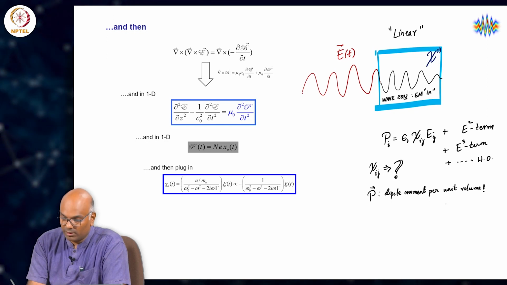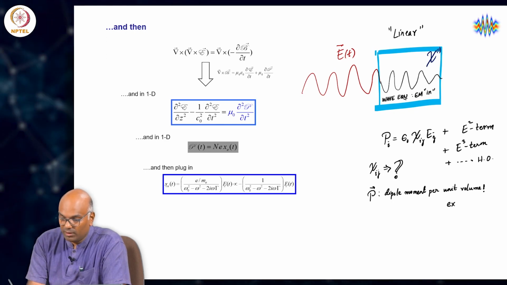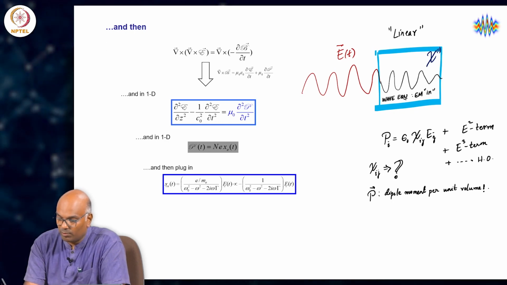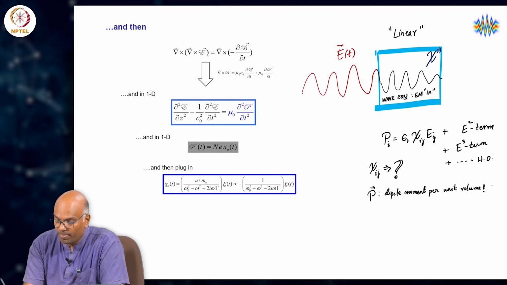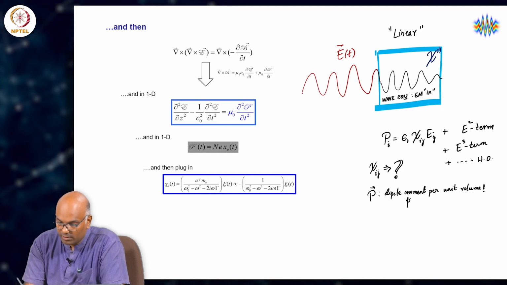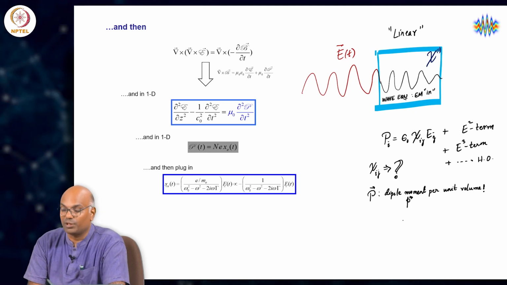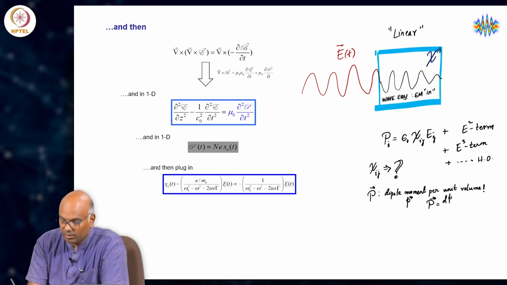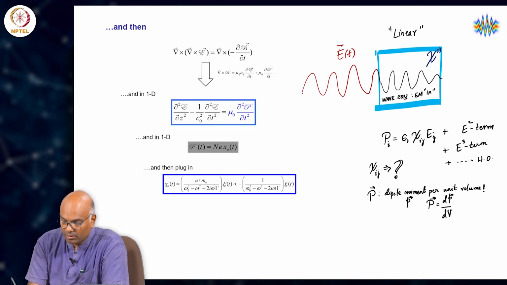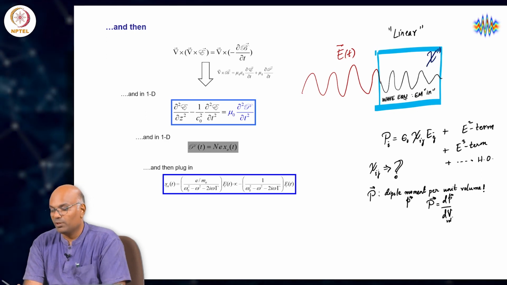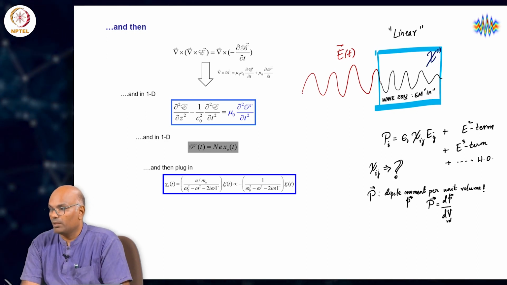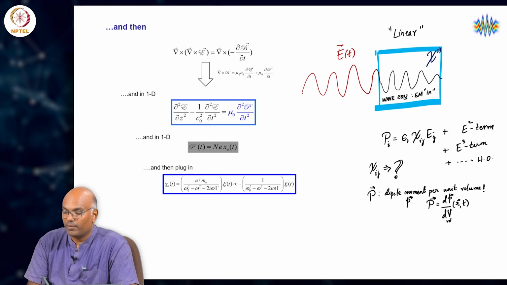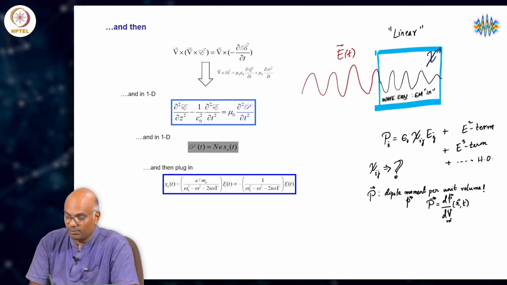So, let us call the individual dipole moment little p, not capital P, I hope I have sufficiently distinguished it, then I have P equals dp by dV, where V is volume, which can depend on space and time, correct, dipole moment per unit volume.